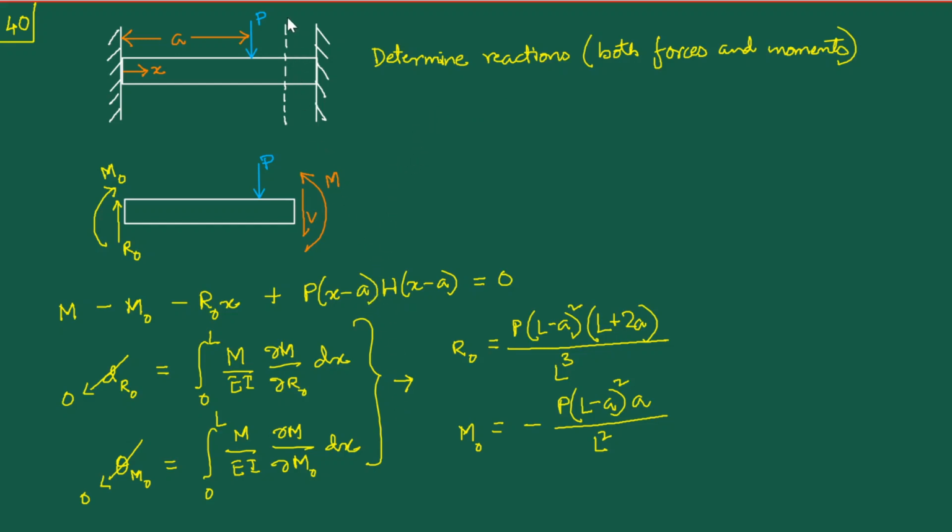Suppose we take a cut section here, we consider this M, this unknown M0 and R0, and we proceed like this. There is absolutely nothing stopping us from proceeding like this, even if this beam was not clamped at this end.